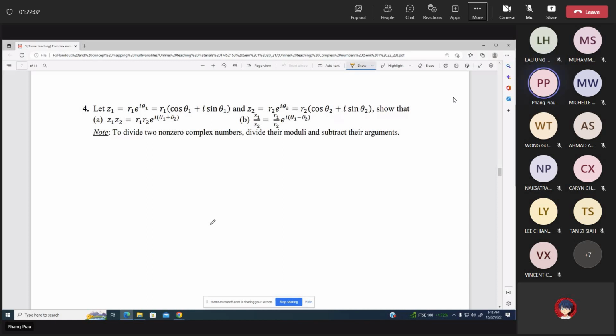If we have a complex number and put it in exponential form, then we can use this formula to get the multiplication directly, and also to do the division directly by using this formula.